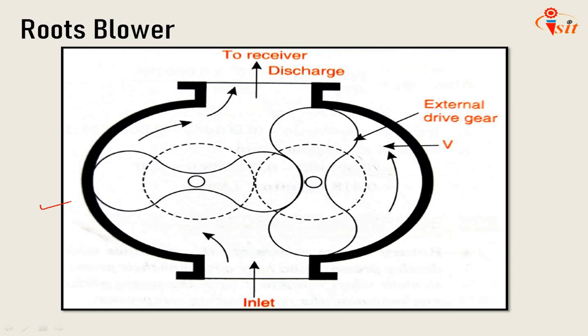So the gas induced is compressed irreversibly by that from the receiver to the pressure P2, the higher pressure, and then delivery begins. This process is carried out 4 times per revolution of the driving shaft. So that is about the Roots blower, and it works with 2 lobes, 3 lobes, 4 lobes. If you require higher pressure ratios, you need to go for more lobes.